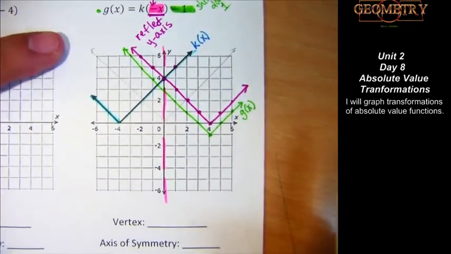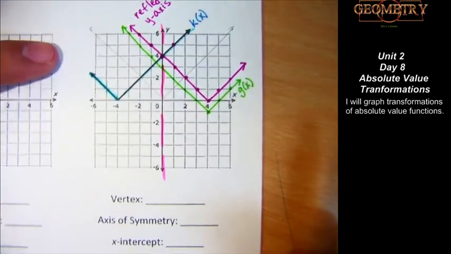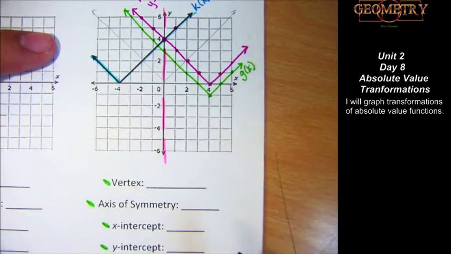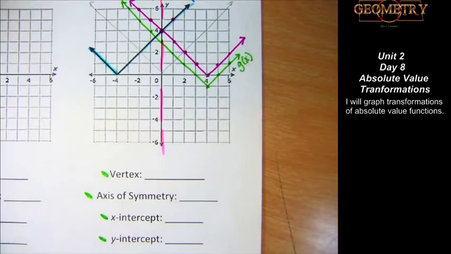All of the information that I'm being asked for at the bottom, the vertex, the axis of symmetry, the x and the y-intercepts, those are all in relationship to the final g of x function that I drew at the very end.